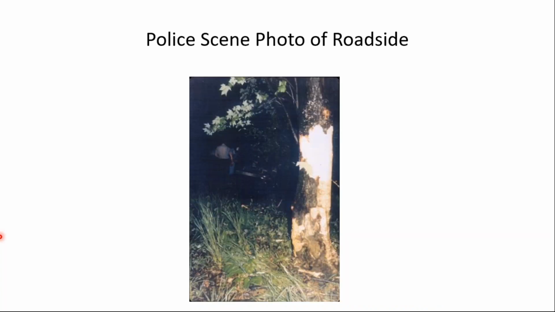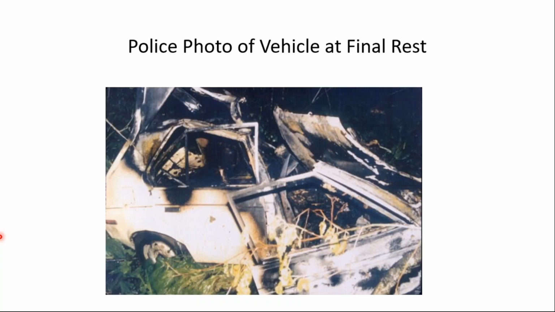So what happened was, you can see that the vehicle slid off the road and actually struck, I think, a couple or three trees. This is just showing one of the trees, but you can see it was a pretty serious impact, obviously. And this is the vehicle at final rest.